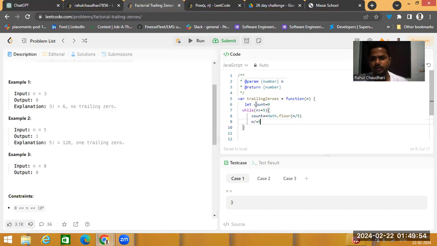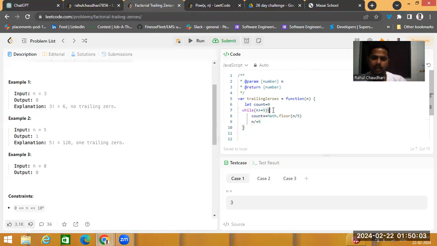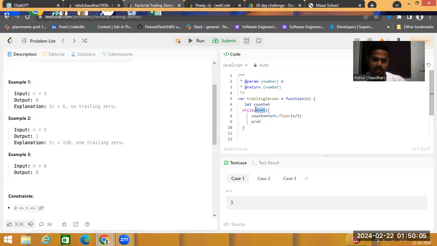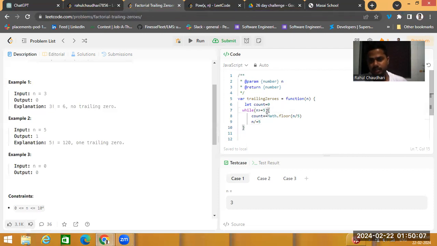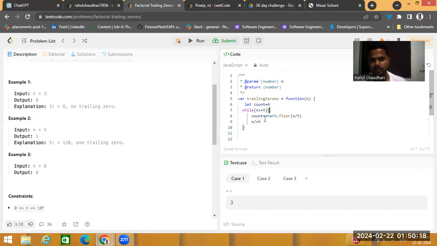So it will check again, and if there is any possibility, it will collect it. And there is one condition that I have written here. This condition says that if n is greater than or equal to 5, then it will go inside, else not, right?